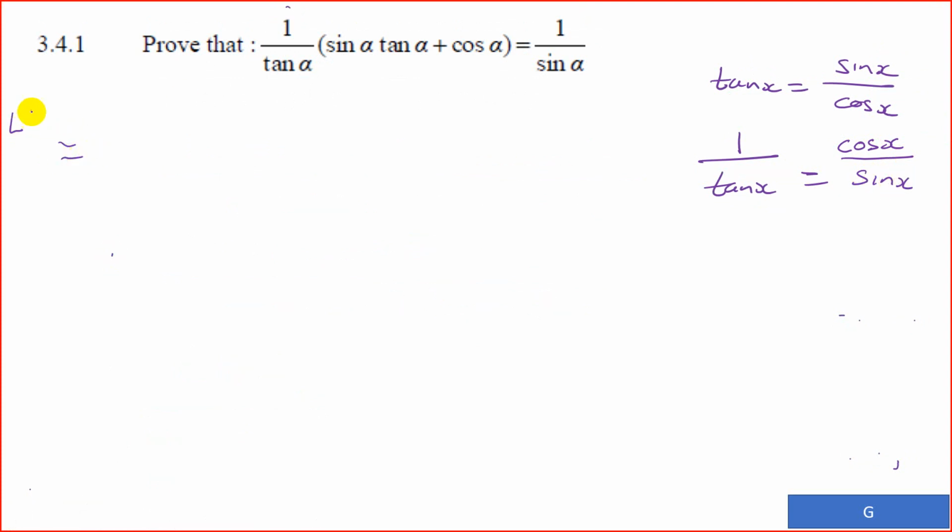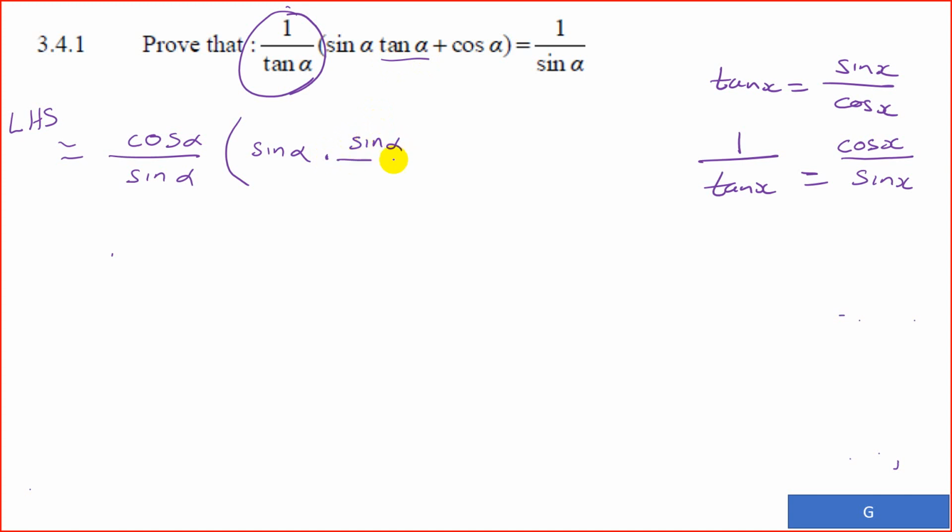So if I start with my left-hand side, we have 1 over tan alpha, which will now become cos alpha over sine alpha. And then we have in the bracket sine alpha. Now we have tan alpha, which we're going to replace by sine alpha over cos alpha plus cos alpha.